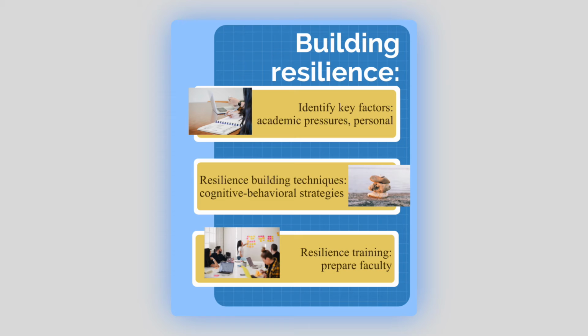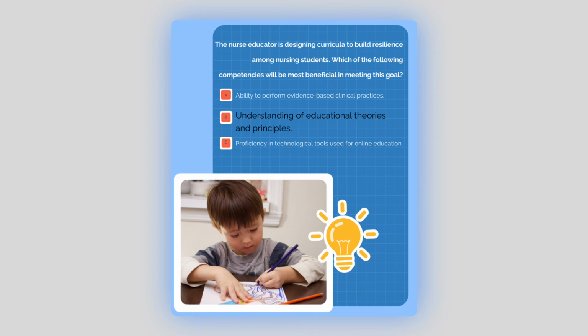Second is consider those resilience building techniques, whether it is attending a mindfulness session, stress management workshops, spending 3 times a week moving our bodies for at least 30 minutes. These are known as cognitive behavioral strategies. And then third, engaging in an organized training session. Okay, that's going to best prepare us as faculty to best support our students in developing resilience.